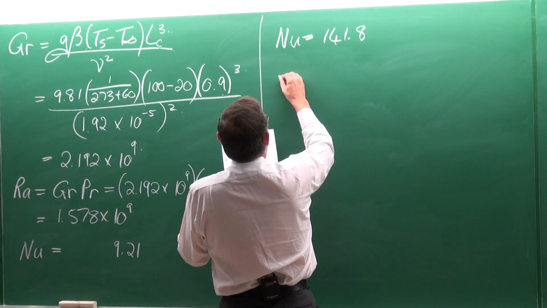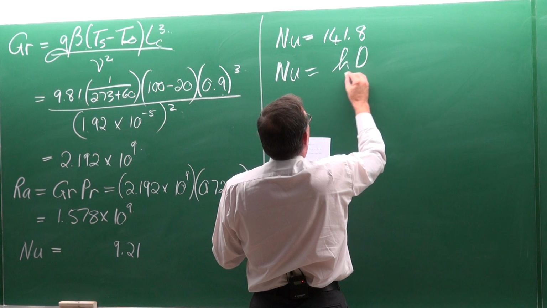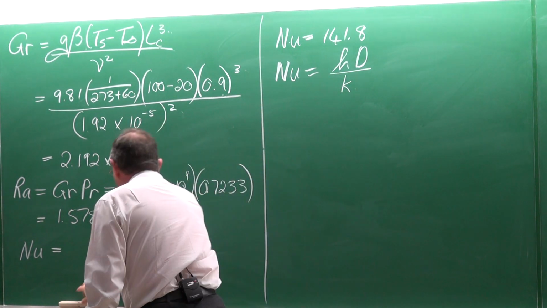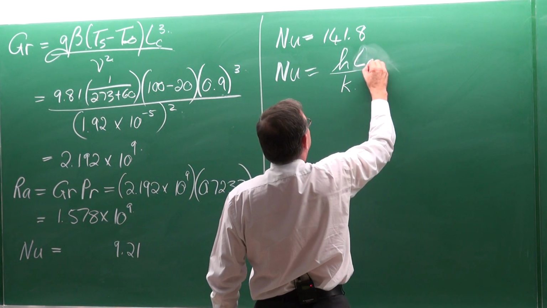From this, the Nusselt number is equal to the heat transfer coefficient multiplied by the diameter divided by k. I've said the diameter, but it should actually be the characteristic length, Lc.